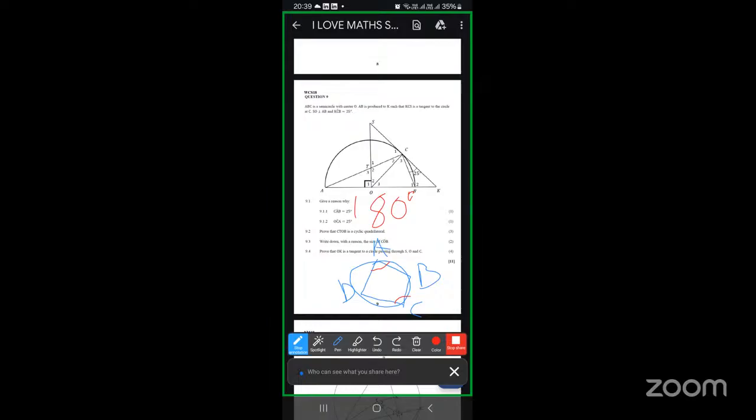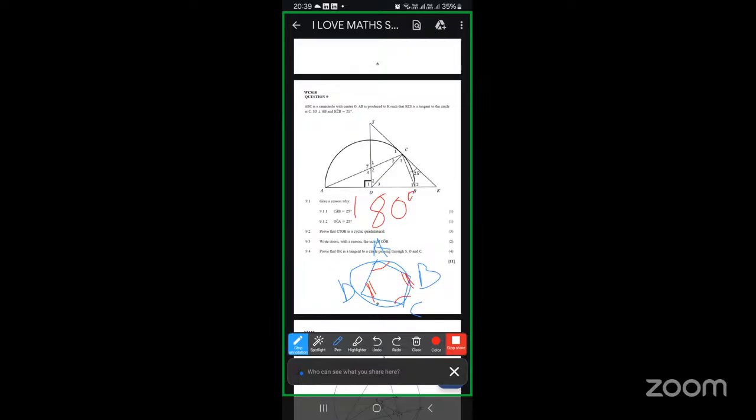Do you agree? Or you can say angle B added to angle D. If you get 180 degrees when you add those two angles, then that quad is a cyclic quadrilateral.